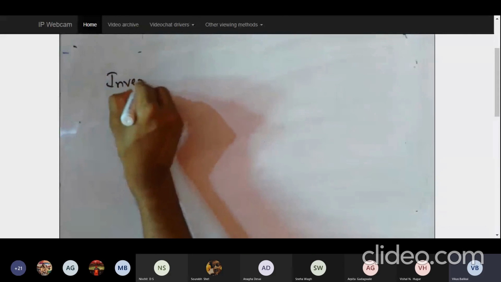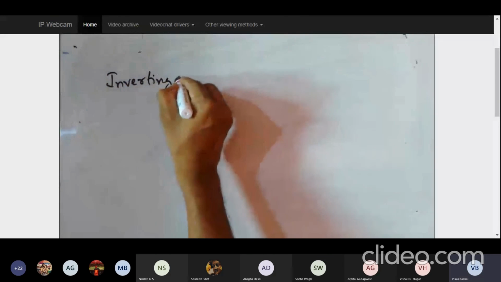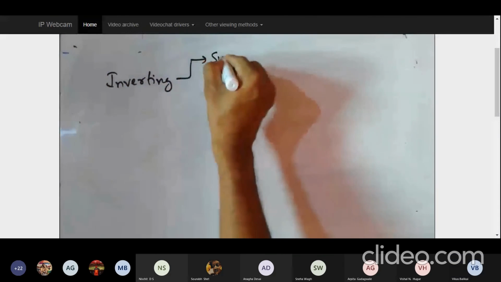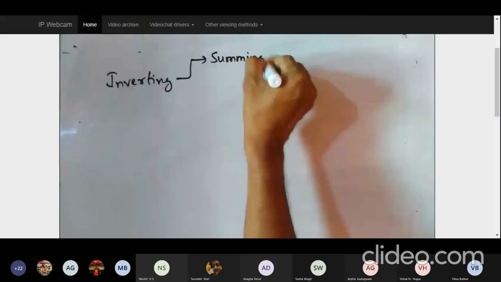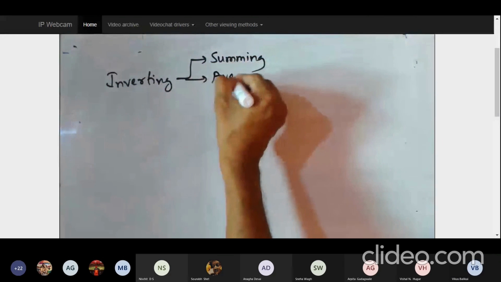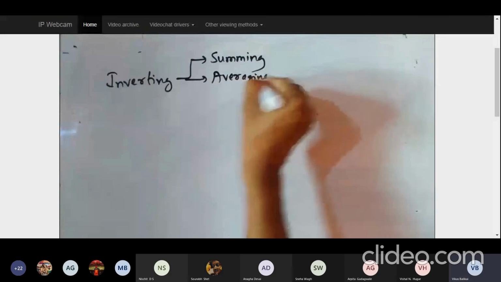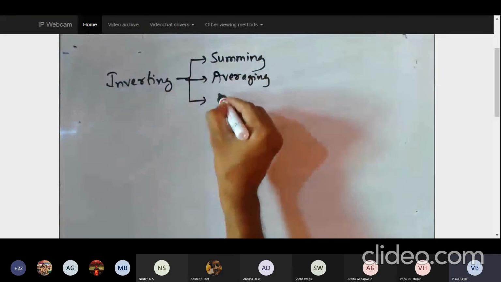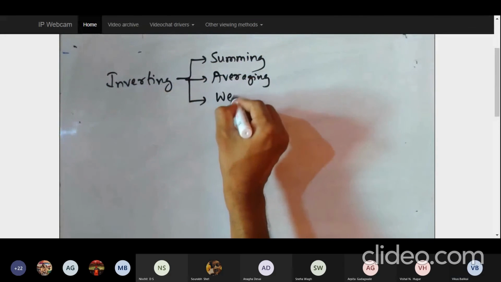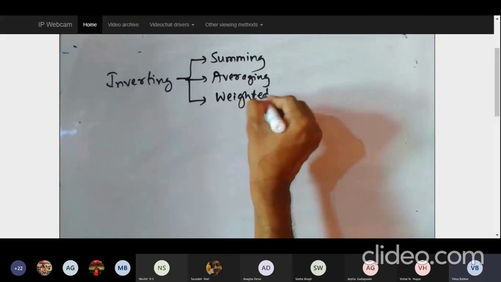So if I want to summarize, in the inverting configuration I had summing amplifier, averaging, and then weighted circuit.